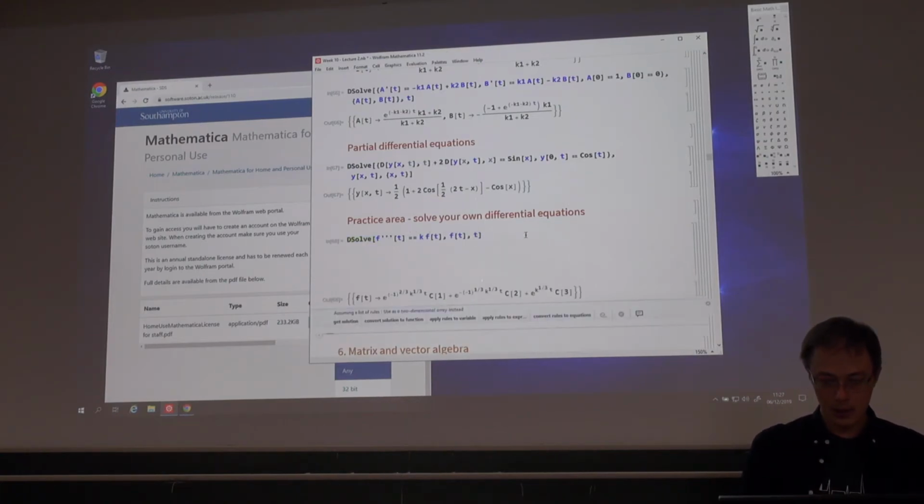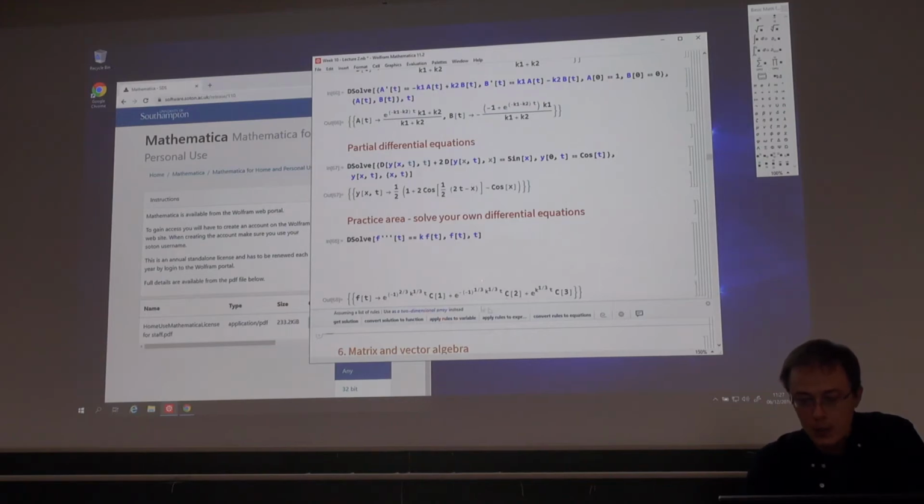Occasionally you can see that in mechanics, and you can see it returns a linear combination of exponentials with 3 indeterminate coefficients. So the equations that we didn't even consider in this course, this thing can solve, either analytically or numerically, if the analytical solution doesn't exist.